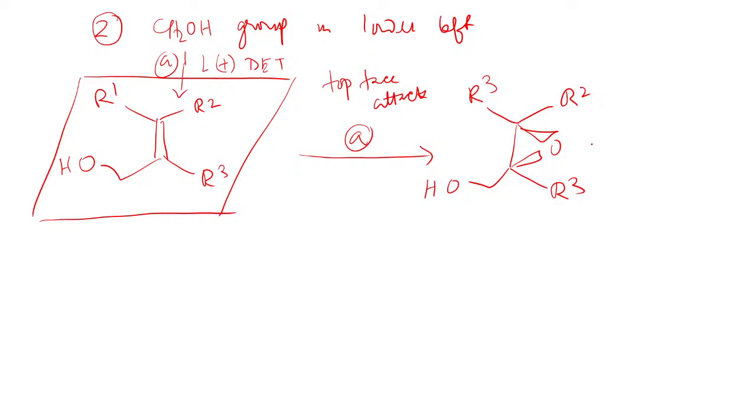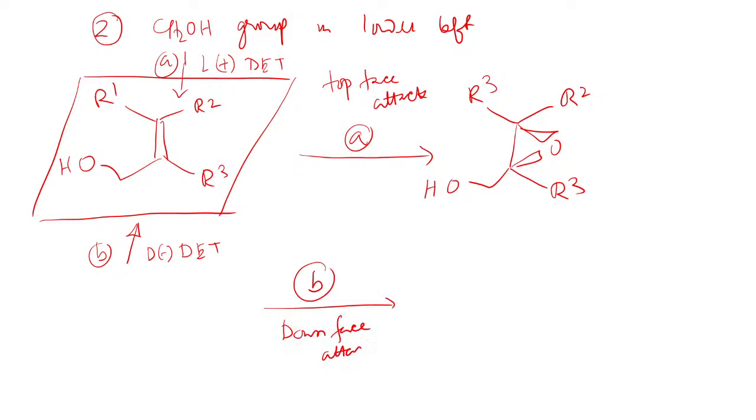So in the top face attack you get this epoxide with L plus DET, and now if you react with D minus diethyl tartrate, then the attack will take place from the lower side. So this is the top face attack, this is the down face attack. And you get this alcohol.